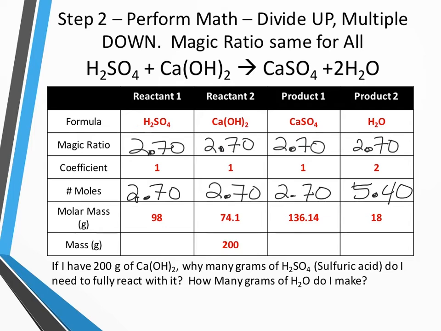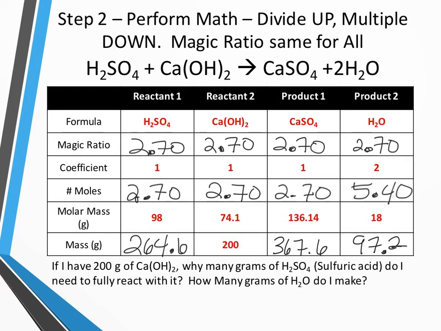Now we're going to take 2.7 and multiply that by 98, and we're going to get 264.6. We already have the number of grams for calcium hydroxide. Now all we're going to do is this one is just 367.6, and the last one is 97.2.